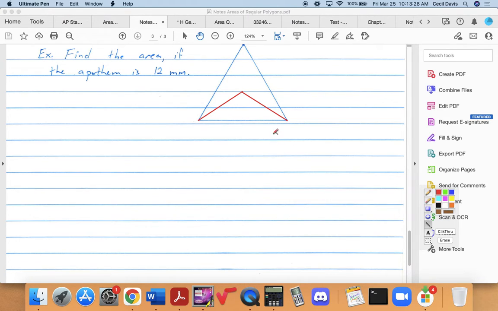I think you can see it more easily on this, that the distance from the center to here is much bigger than the distance from the center to the middle of the base. The apothem is much shorter than that. I'll figure its measure. The central angle is 360 divided by 3 is 120.